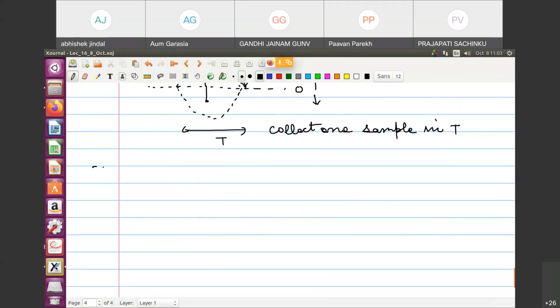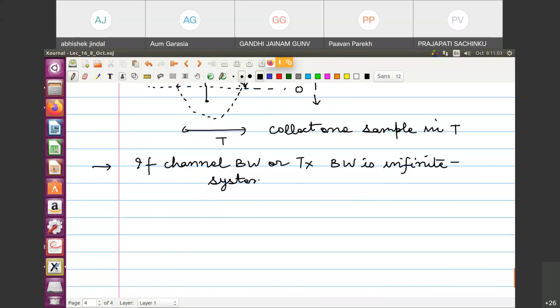Okay. Now I think one more fact which I need to write is that if channel bandwidth or transmission bandwidth is infinite, the system response would yield rectangular pulse shapes.